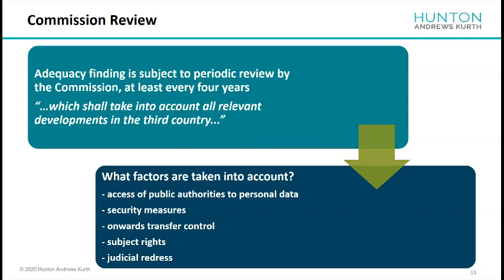So what would be reviewed are the same areas as were taken into account in deciding on adequacy in the first place: law, norms in the country, redress, independent supervisory authorities, international commitments. The issues are wide-ranging.